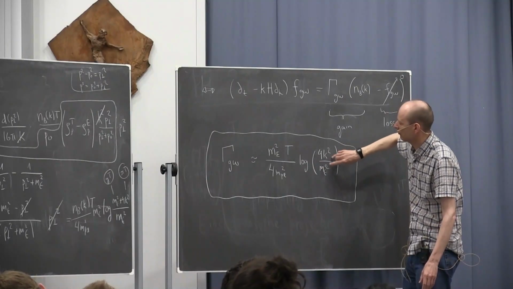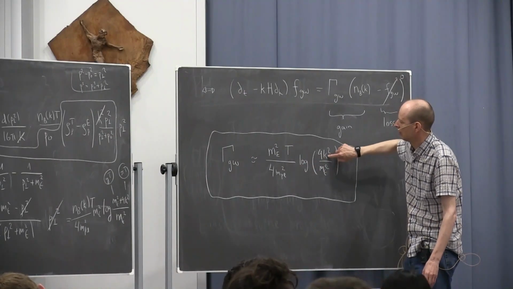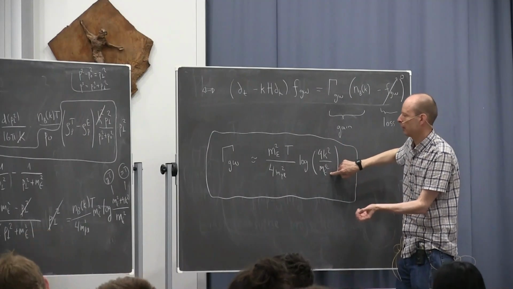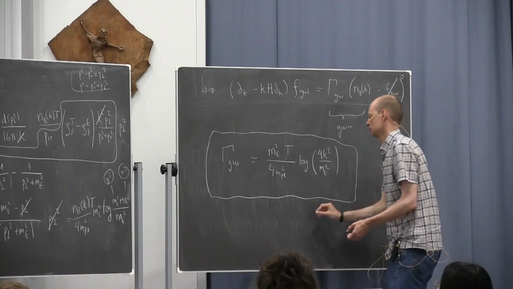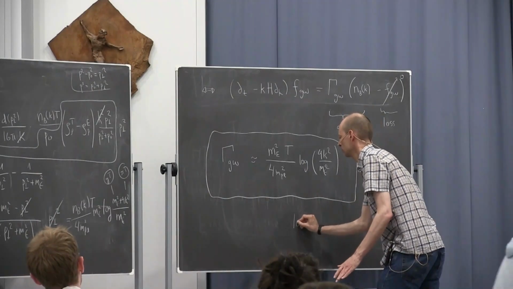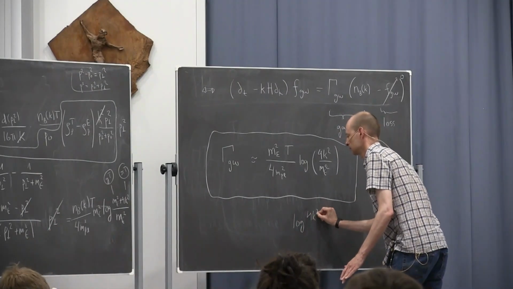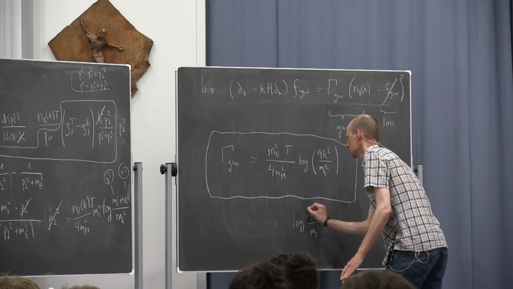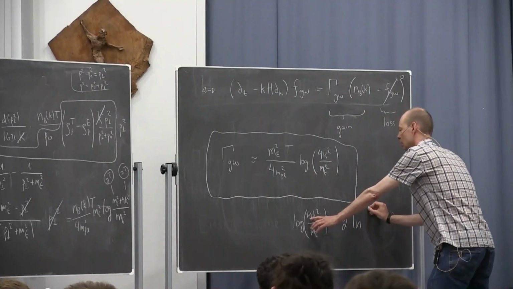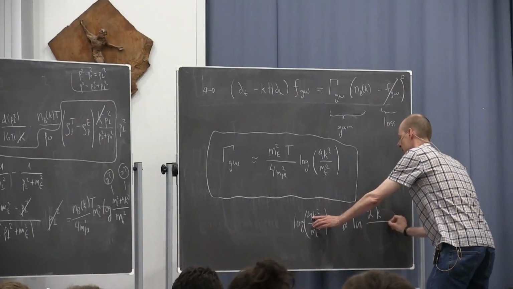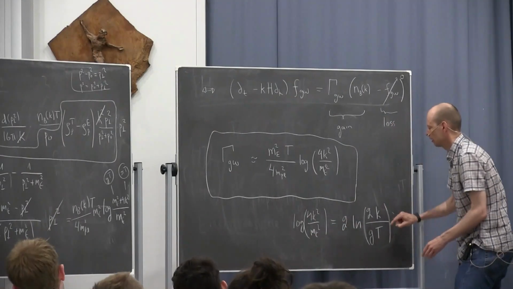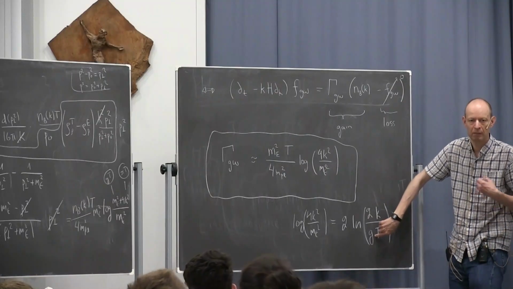It's a leading log because it has two different scales. k is a large scale, pi times T. m_D is a small scale, g times T. I can write it as 2 times the logarithm of 2 times k divided by g times T. And so now you see it really has a log of the coupling.